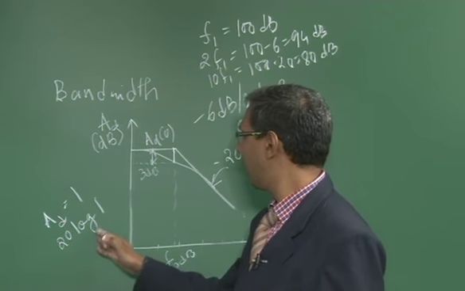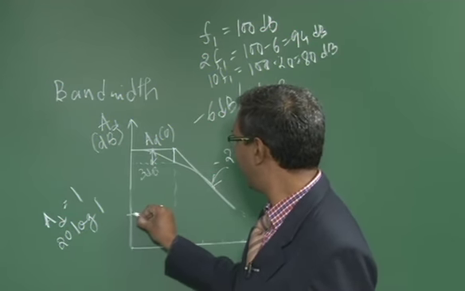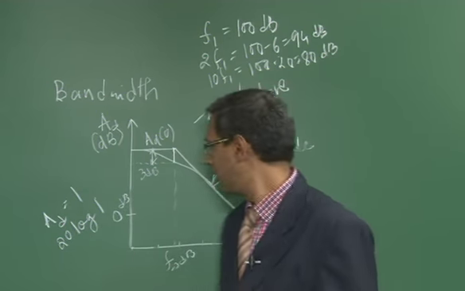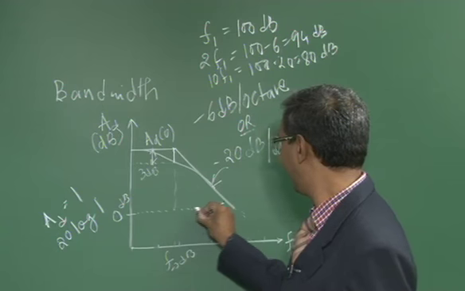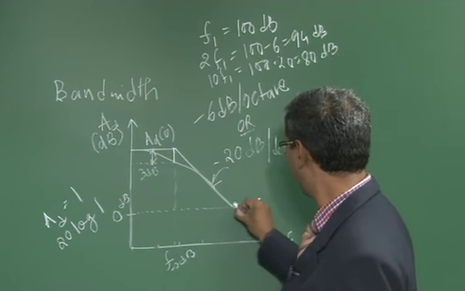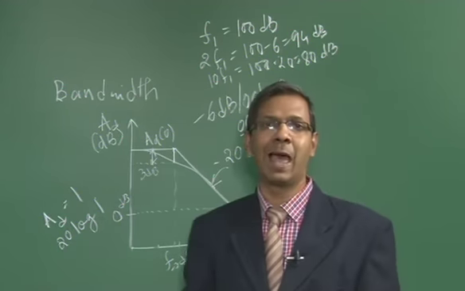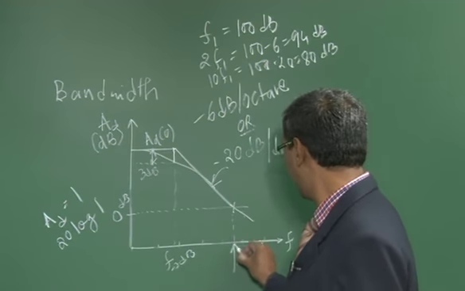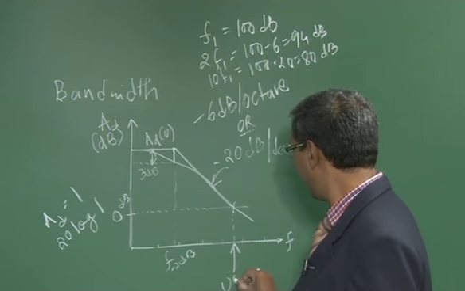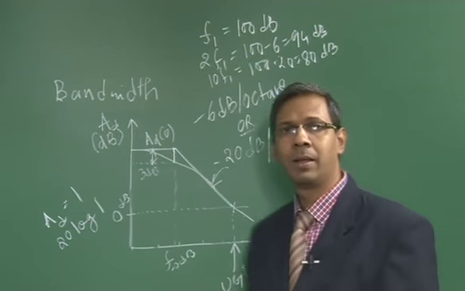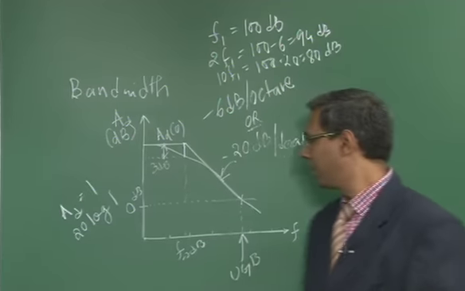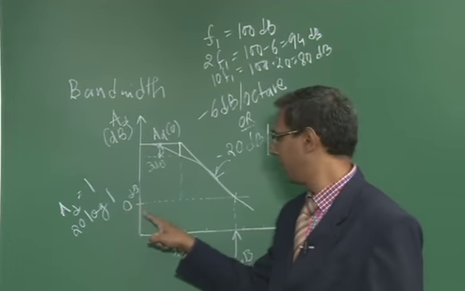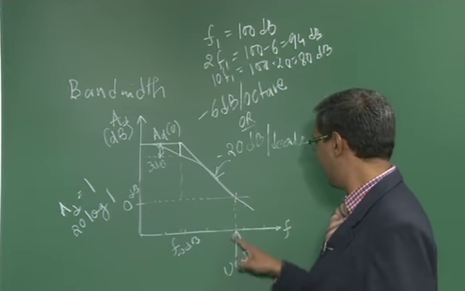So in this curve, after the 0 dB point here, it starts going negative. There will be a certain point wherein this curve will cut this 0 dB line. This 0 dB frequency is called the unity gain bandwidth. If the gain is 1, which amounts to 0 dB, what is the frequency at that point?